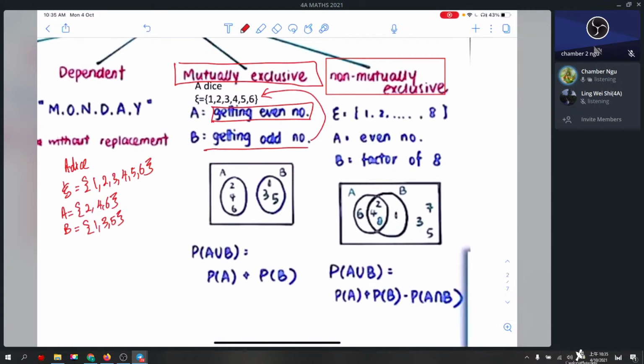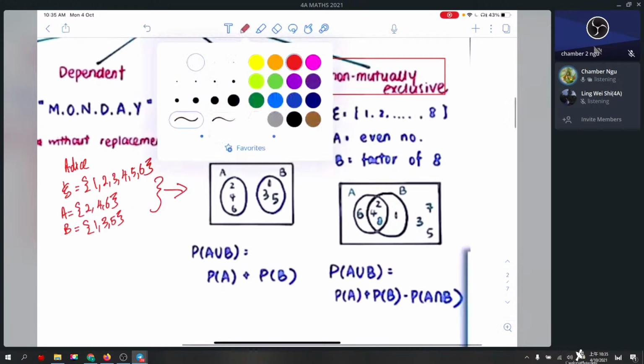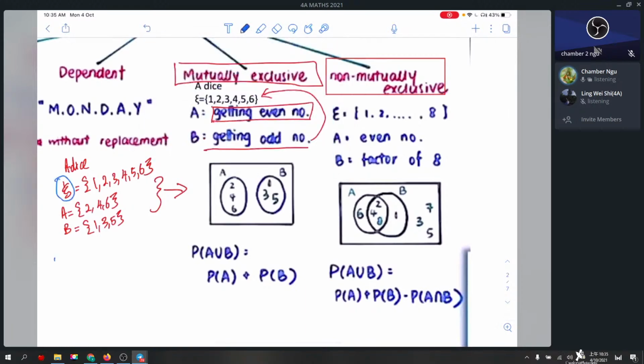So this is all the elements in the set A and set B. And when we represent the sets A, B, and the universal set, in this case our world is only the die. So we only have the numbers between 1 until 6.